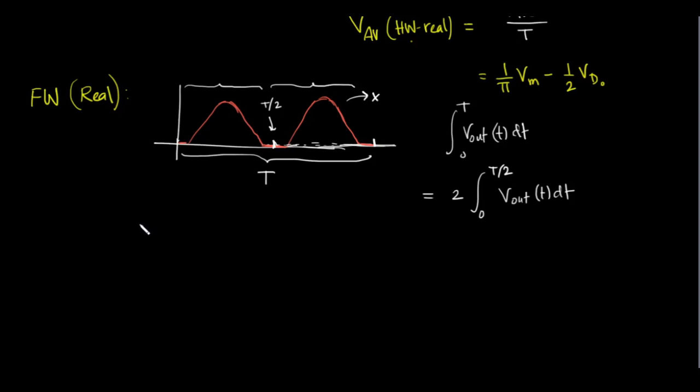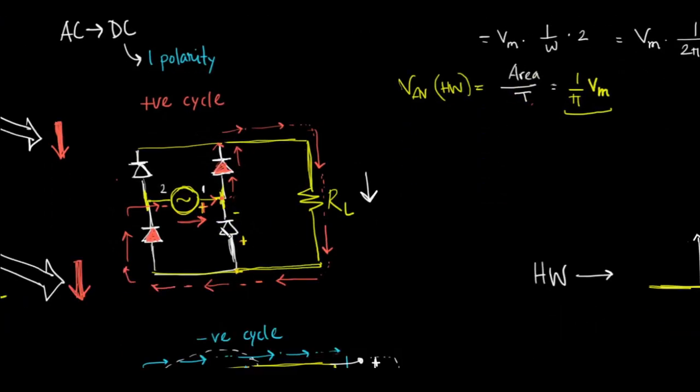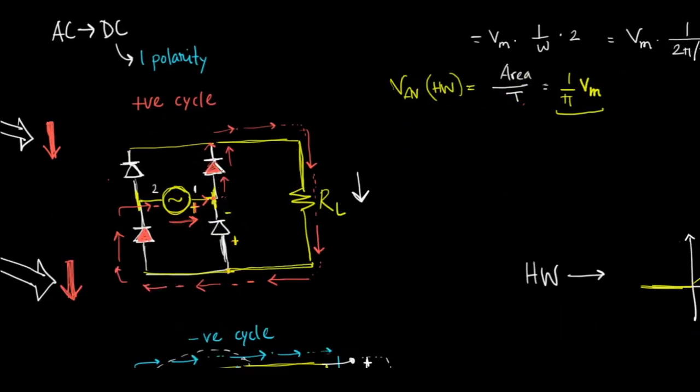So for a full wave rectifier, our approximation will be Vout(t) equals Vm sine omega t minus 2 Vd naught, because we have 2 diodes that turn on in a full wave rectifier. If I recap again, this was our full wave rectifier. You see that in each cycle 2 diodes were turning on.